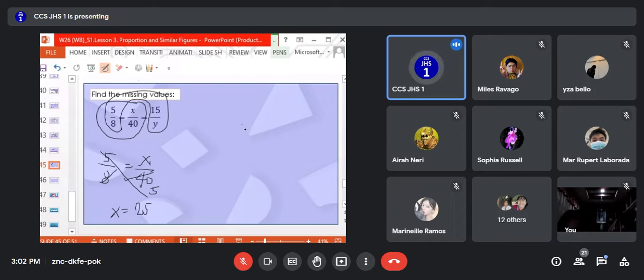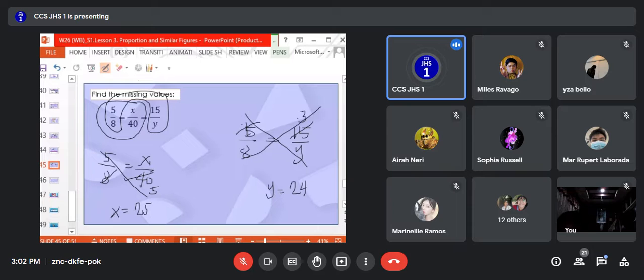How about the other one? 5 over 8 equals 15 over Y. You can cancel this one. 15 divided by 5 is 3. Then cross multiply, you have Y equals 24. It's not difficult, class.